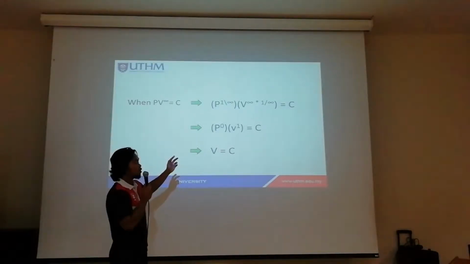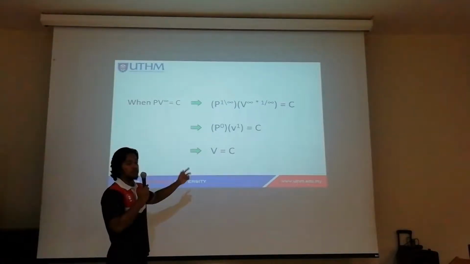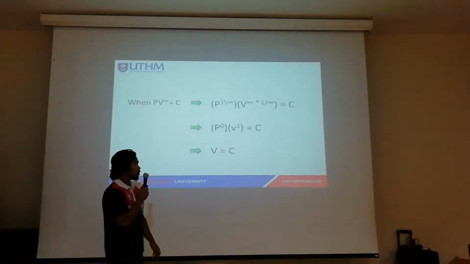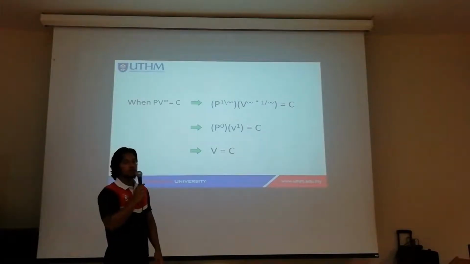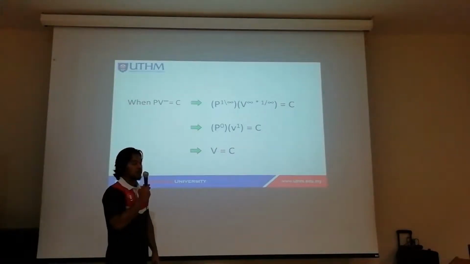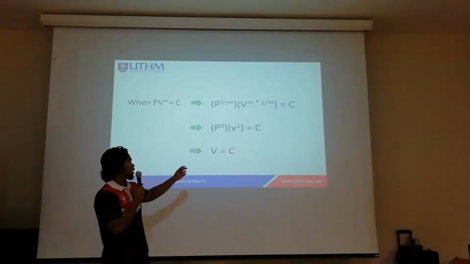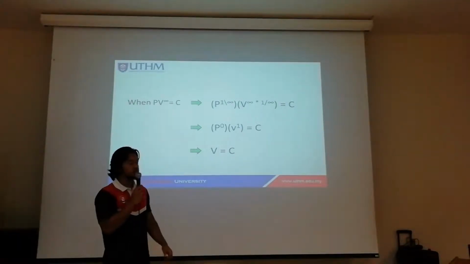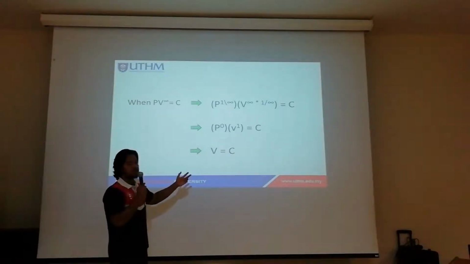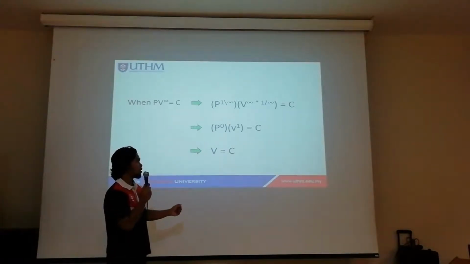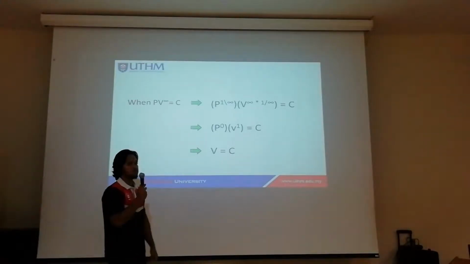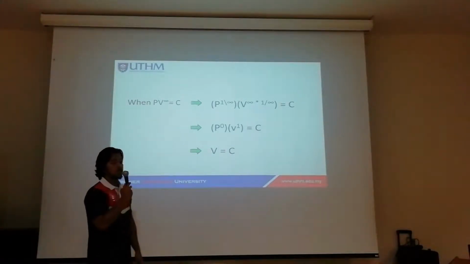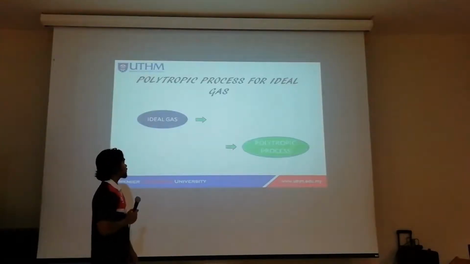When we put 1 over infinity on V, we also put it on P. After that, we can see that 1 over infinity is equal to 0, so pressure to the power of 0, and we know that is 1. At the V side, the infinity power cancels out, and we get V to the power of 1. Then the final equation, V equal to C, and that's how we got volume is constant, which is the isochoric process. Okay.